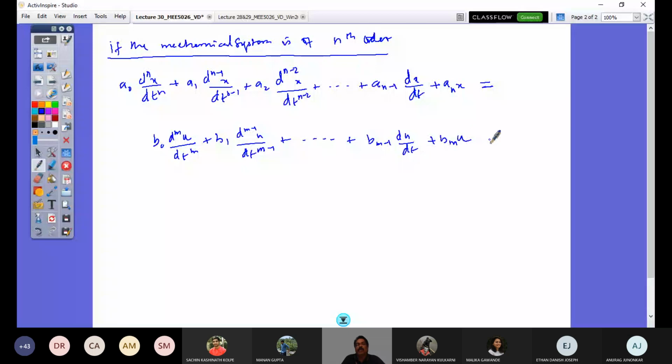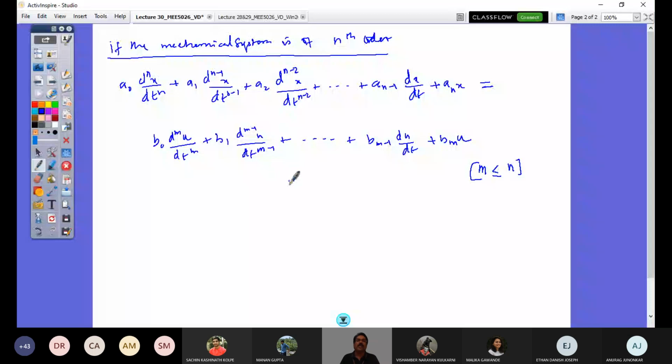In this, the order of the system is n, and this is the mth order input forcing function. So this m order should be less than or equal to n. That's a condition, always.